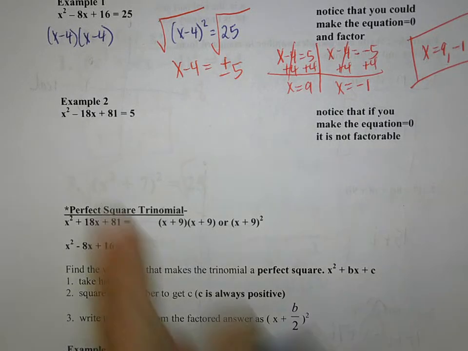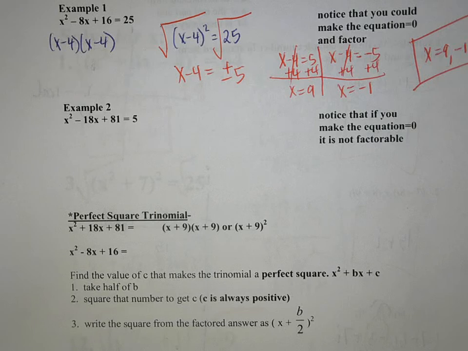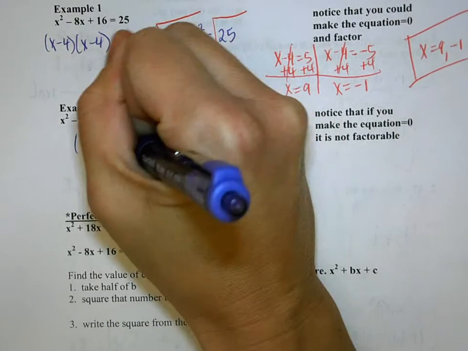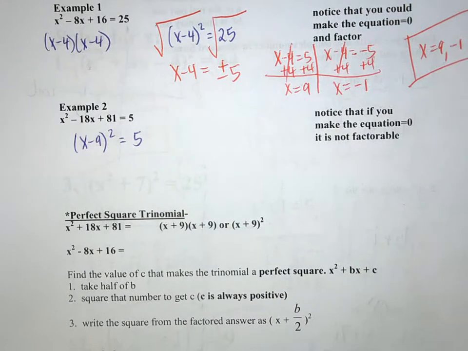Okay, so what is our square for this one? Okay, x minus 9 squared equals 5.